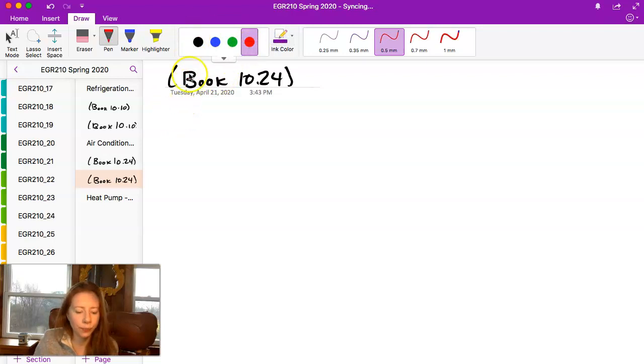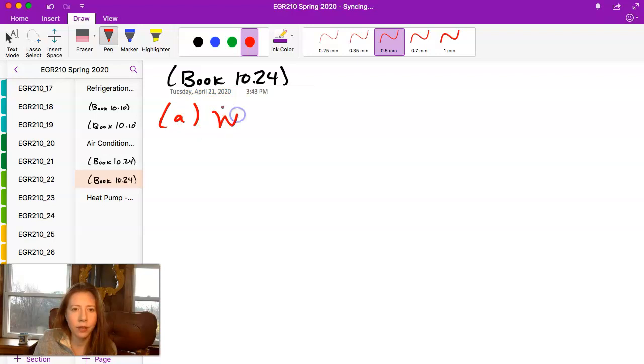Okay, so first we're going to do part A, and we're looking for W dot C, which is going to be m dot for our R22, refrigerant 22, times H2 minus H1.